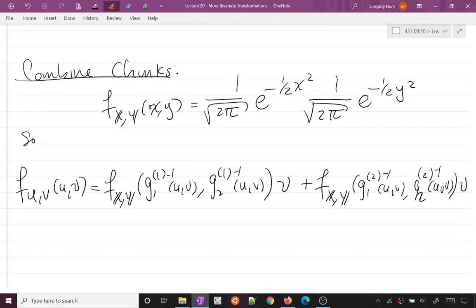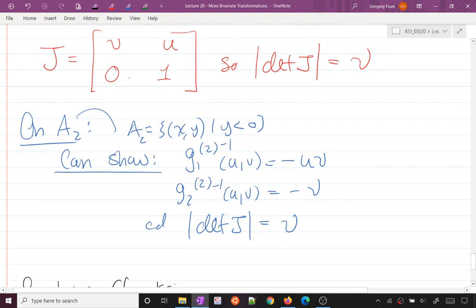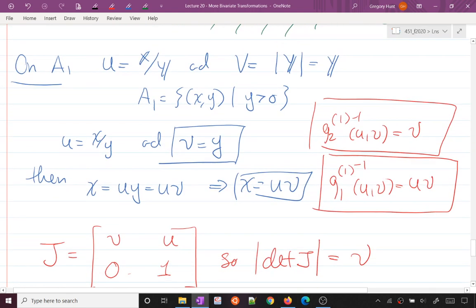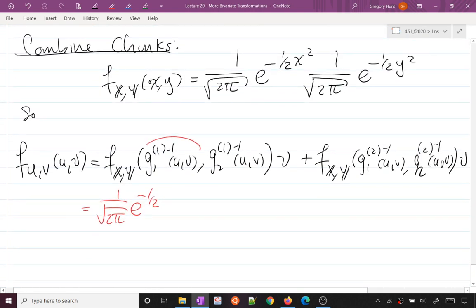And then we'll just plug in for what everything is. So 1 over root 2 pi, e to the negative 1/2. This is what we're replacing x with, which is u times v, so instead of x we get (uv) squared. And then we have another 1 over root 2 pi, e to the negative 1/2.